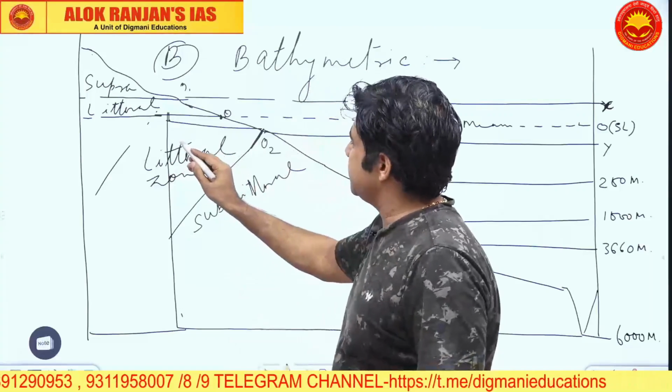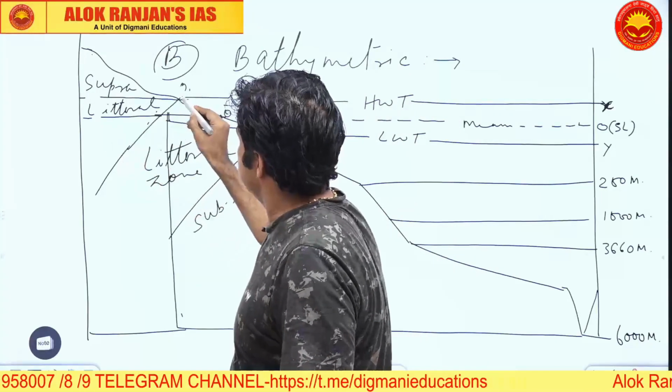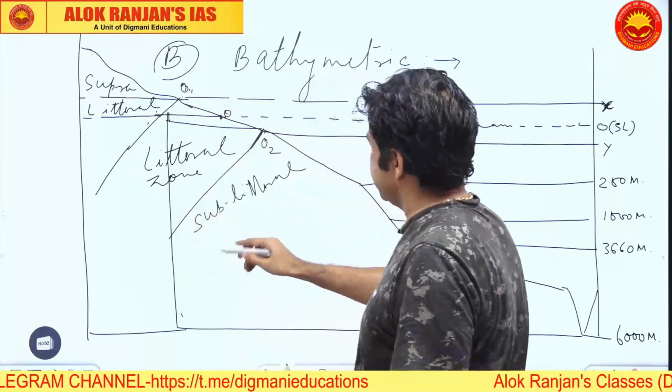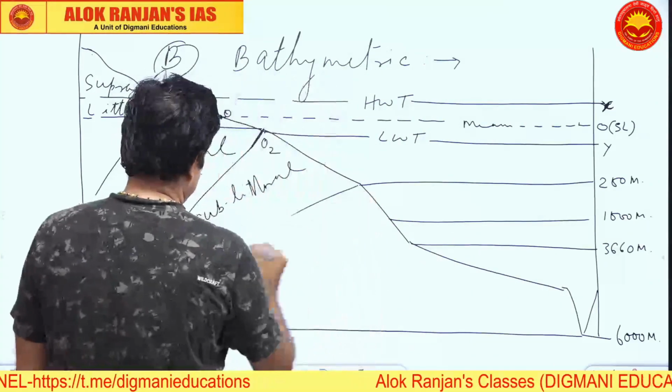And then you have littoral between the high water tide and the low water tide. So this was your O1, high water to low water, is littoral zone. Then you have sublittoral zone till the depth of 200 meter.